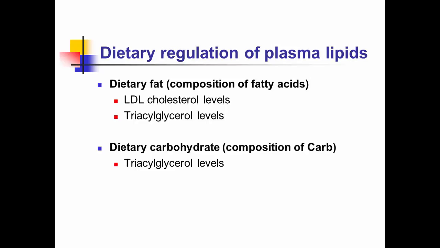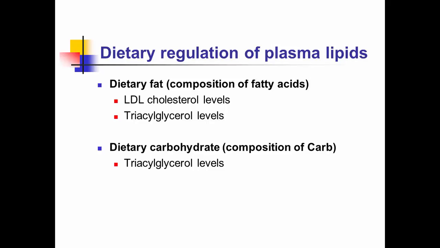So, dietary regulation of plasma lipids. Dietary fat, particularly the composition of fatty acids, is very important and can affect the LDL cholesterol level and triglyceride levels, right? And dietary carbohydrate is also able to affect the triglyceride levels, but not much LDL.